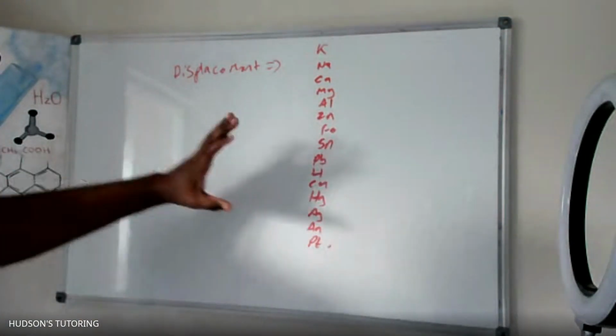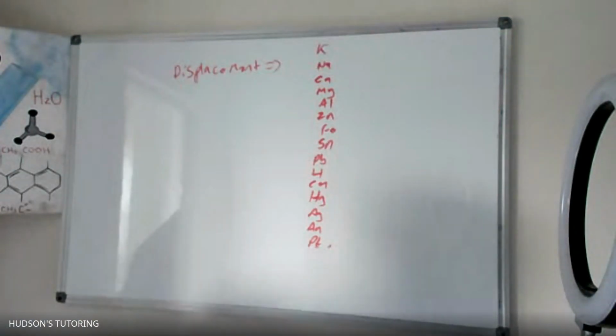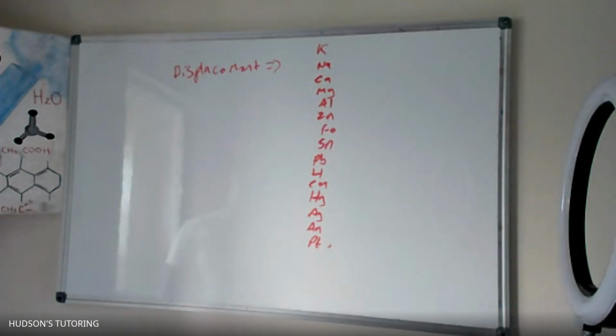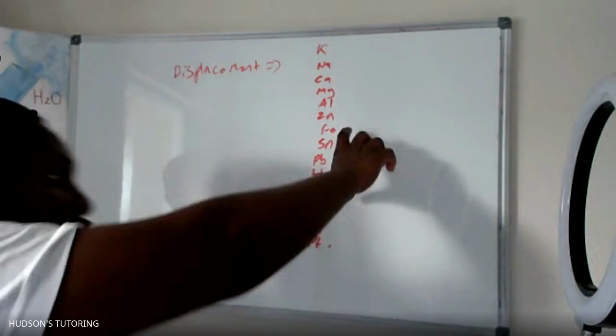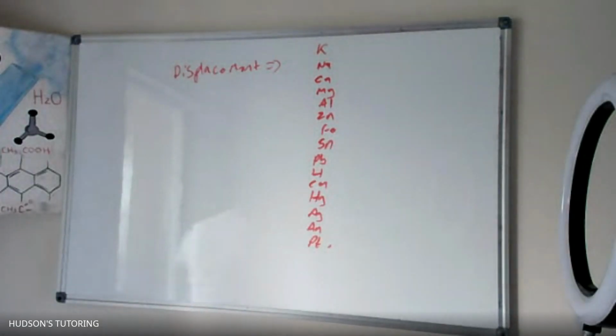Now, species that are higher up in the reactivity series are way more reactive than species that are low. So as a result of that, when they are in a given reaction, they will displace these species.